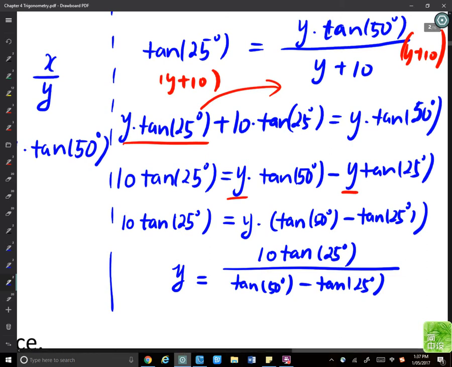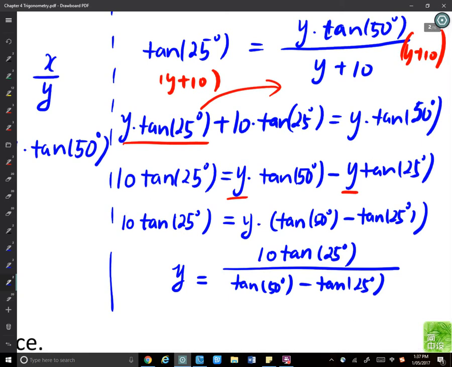Which line? First one? I times y plus 10 on both sides of the equation, times the denominator on both sides of the equation. And that side becomes only y tan 50.